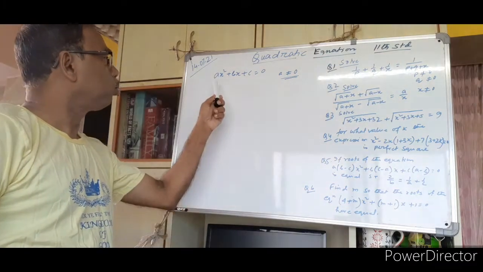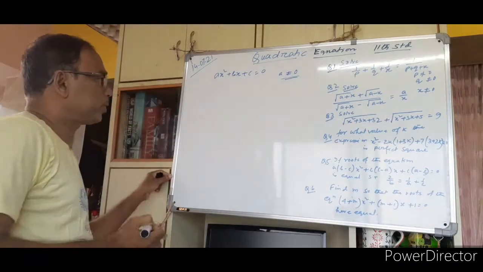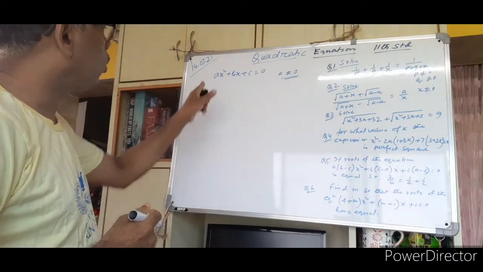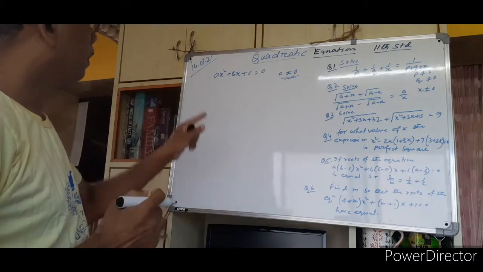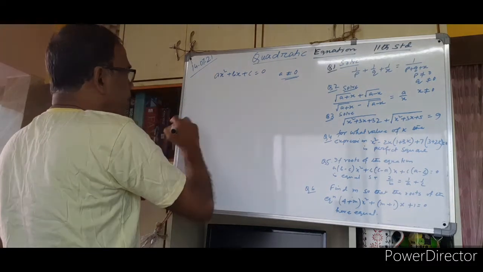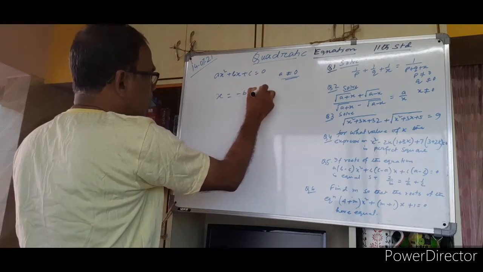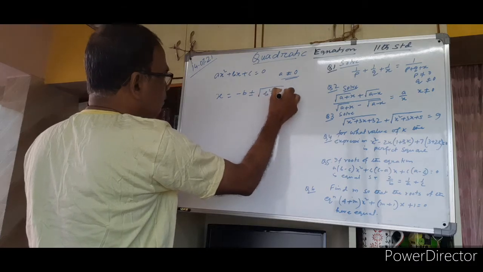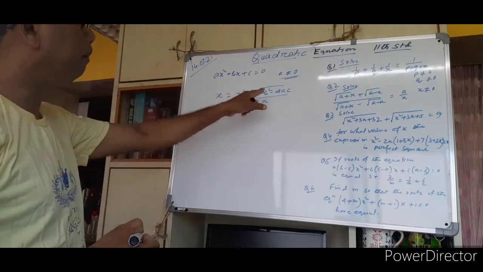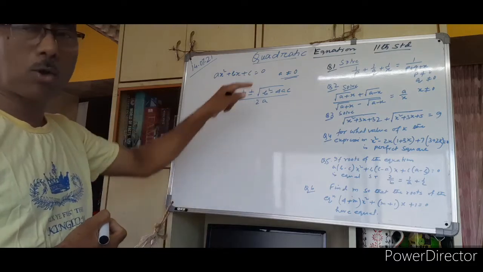Now, how could we solve this quadratic equation? We know we can solve any quadratic equation by middle term break, but in case we can't solve the quadratic equation by middle term break, there is another method, that is x equals minus b plus minus root over b square minus 4ac over 2a, where a, b, c are the coefficients of x and c is the constant.